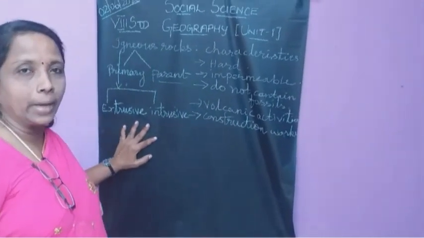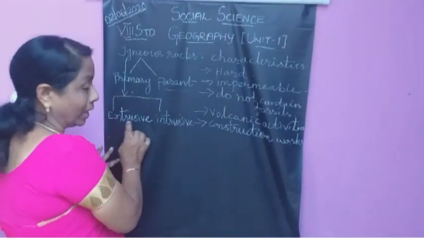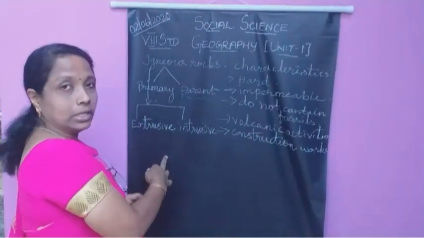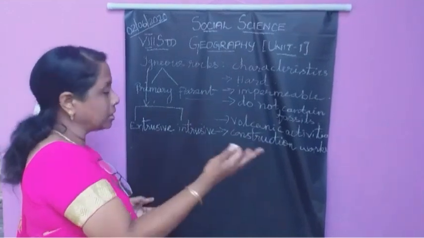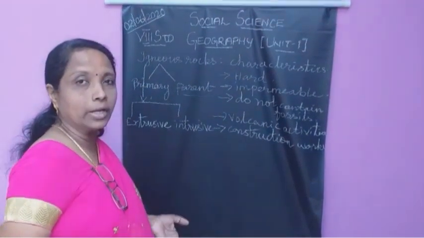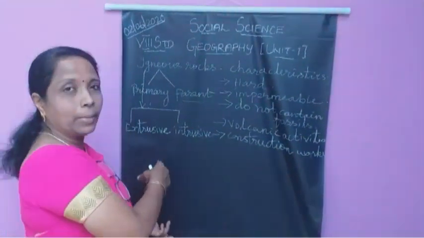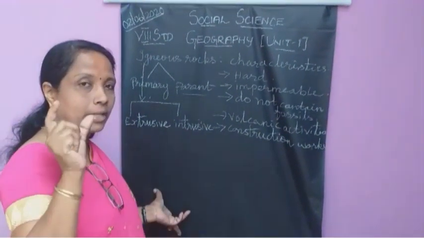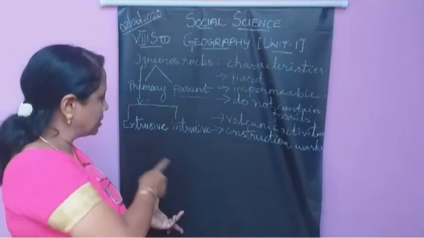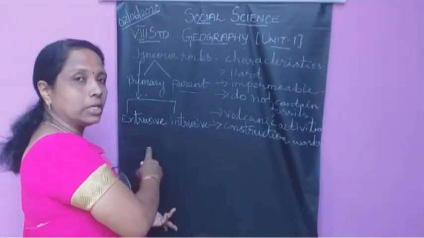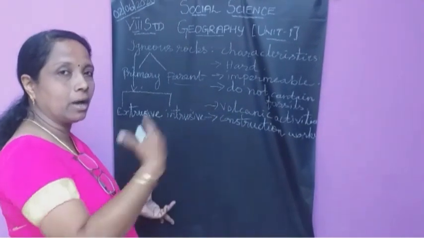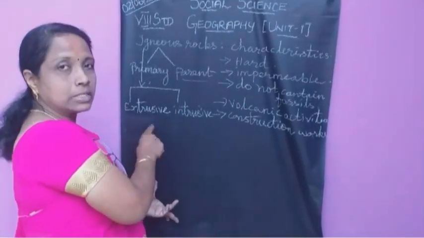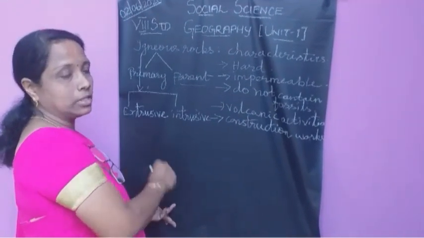Some molten magma coming out from the interior of the earth becomes solid after it reaches the surface of the earth. There it becomes solid. Such a type of rock is called extrusive igneous rock.